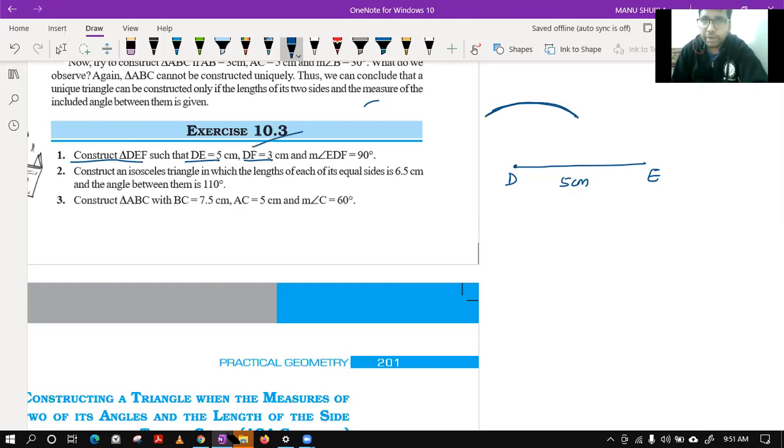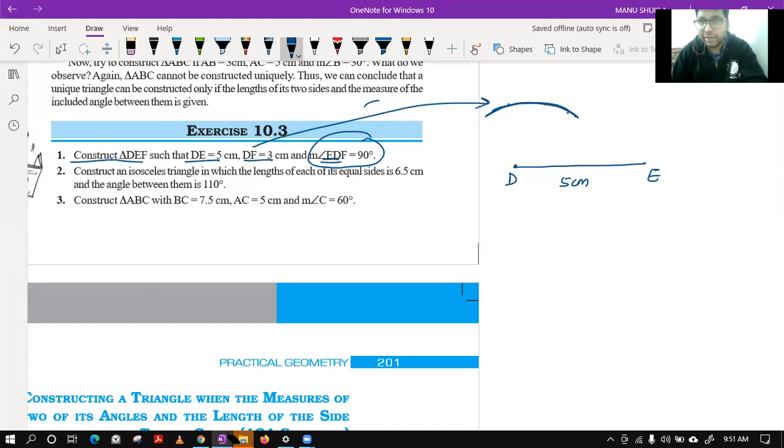I know my point F is lying somewhere on the arc, but choosing the values on our own is difficult. We can't be sure that F will lie here or here or here. For that, they have given us one more thing. Just to locate the fixed position of this point F, they have given us one more thing, and that is this angle.